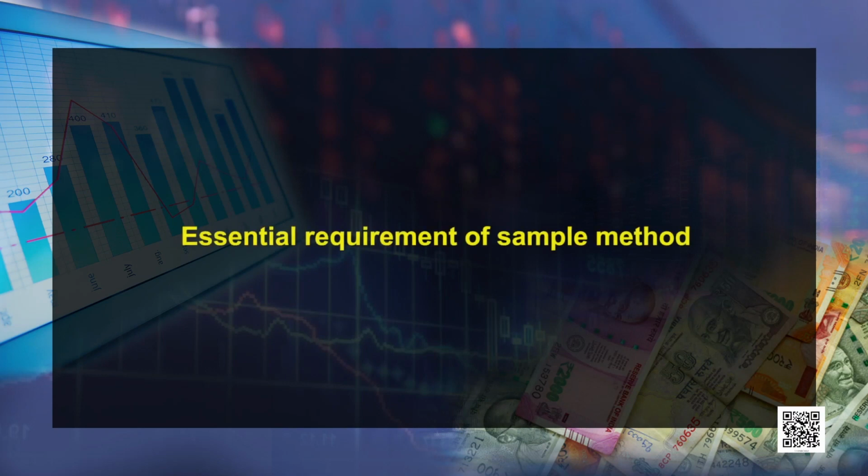Thus, the essential requirement of the sample method is that the sample must be representative of the population with regard to the characteristic under consideration. For example, suppose we want to estimate the average income of people in a certain city. We know that there are exclusive areas in the city where very rich people live, and there are clusters of hutments of very poor people.